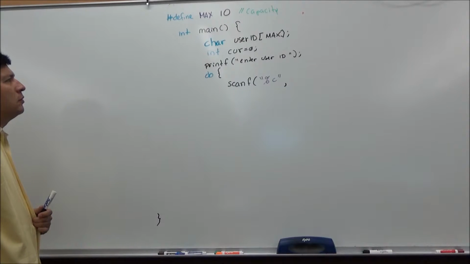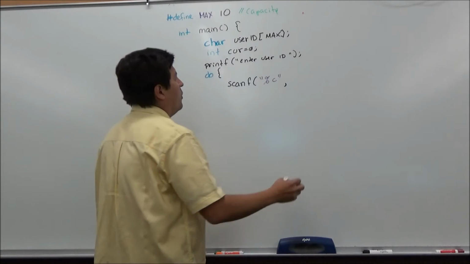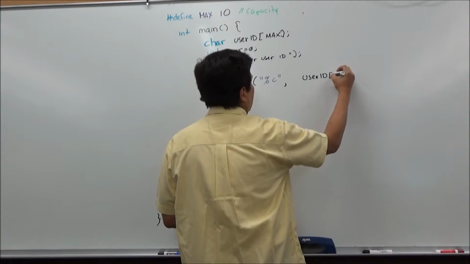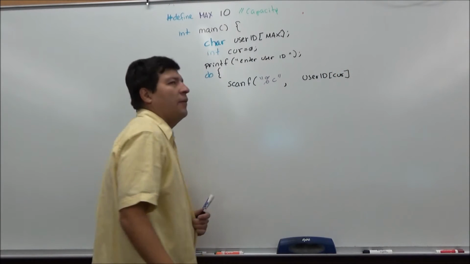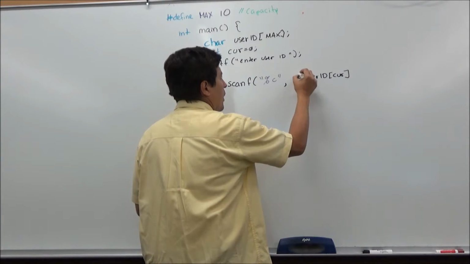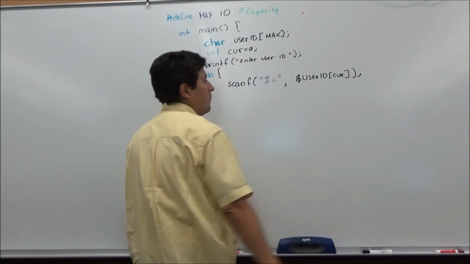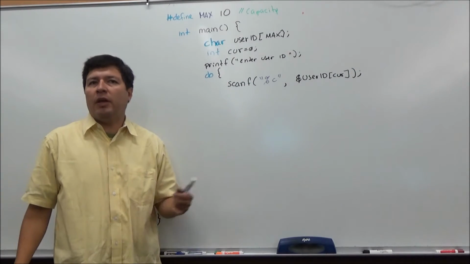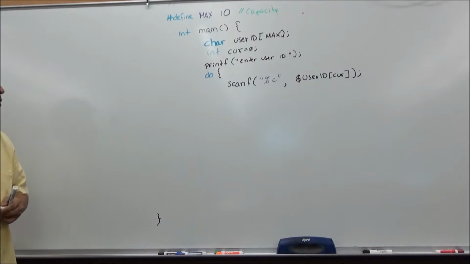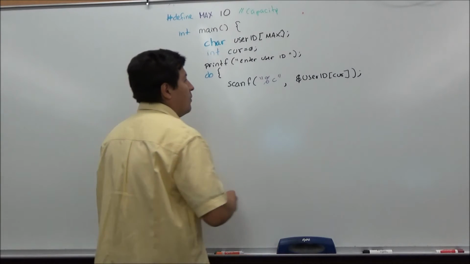Well, do I need to put another character variable? Eventually I'm going to assign it to this position, right? But it's kind of expecting an address. I'll just put the address. Or you can declare another variable for the input and then put it in the array. It's the same thing. Okay, let's put it the old way.